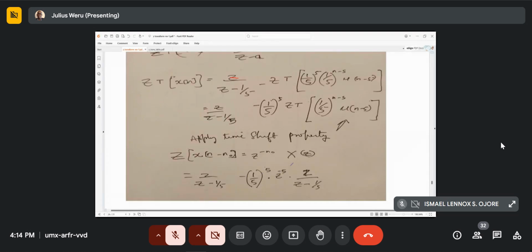Then we remove this Z to the minus 5 here, and this is the Z transform of this particular part.